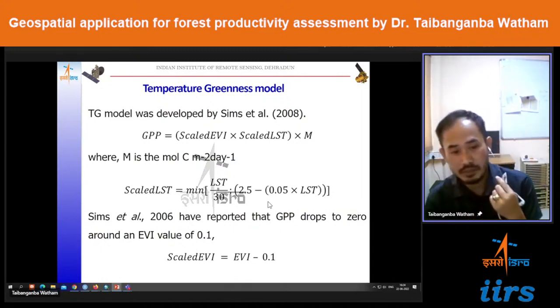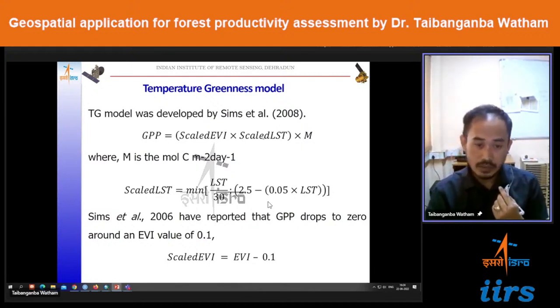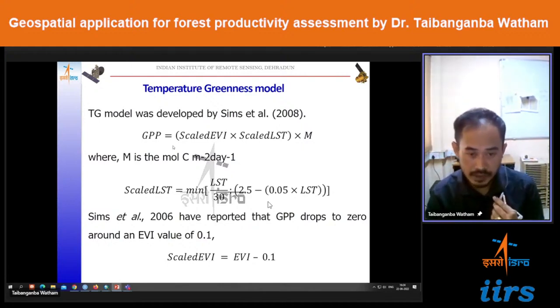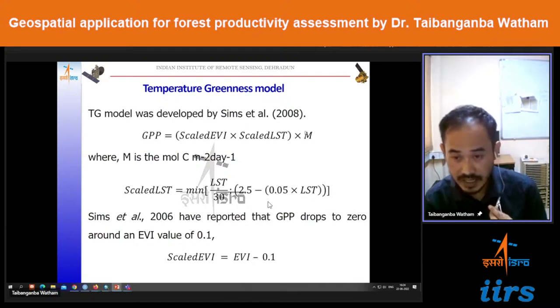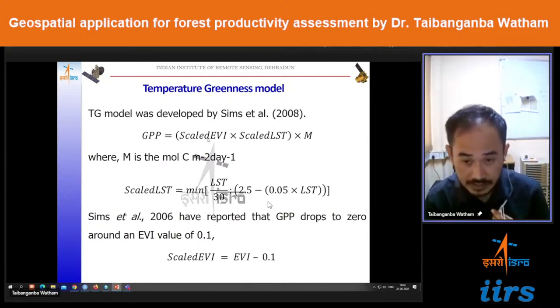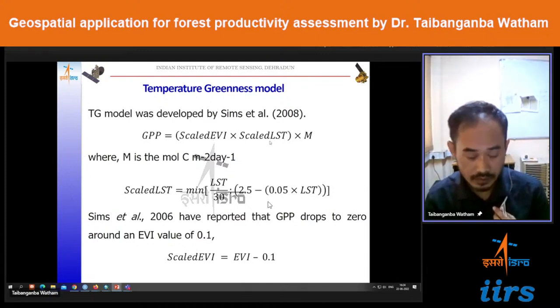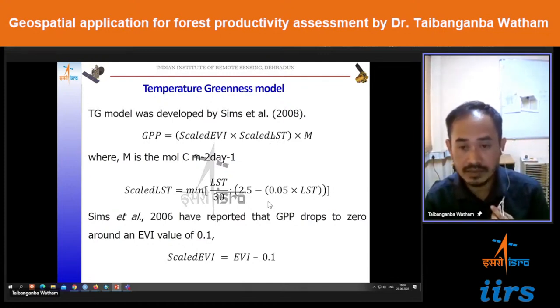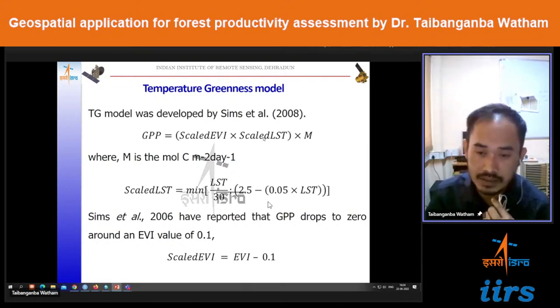If you go and check the paper, they first parameterize the M value using the ground observation. Other than that, this EVI and LST we can get from the satellite data. Whichever satellite has a thermal sensor or thermal bands, we will be able to estimate the land surface temperature for any given point or pixel.